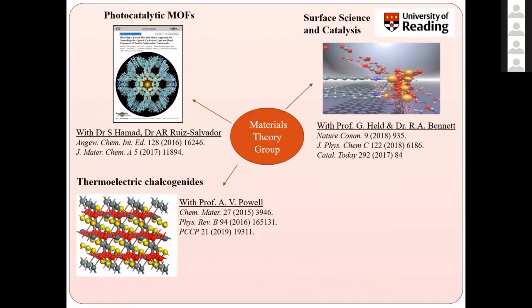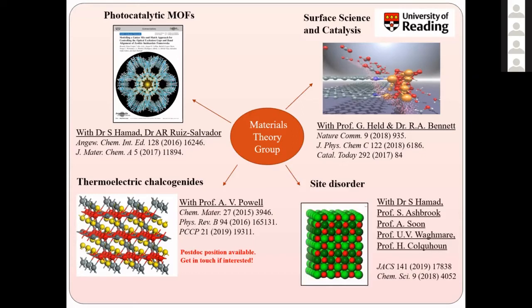By the way, there is a postdoc opening there, just a quick promotion, if you get in touch, if this is a topic that interests you. And the site disorder topic, which is what I'm going to talk about today, is in collaboration mainly with Dr. Saeed Hamad and quite a few others, which I will mention at the end. So this is the topic of today's talk.